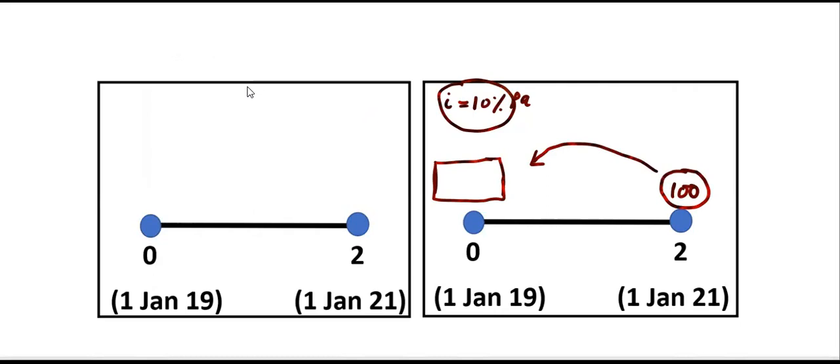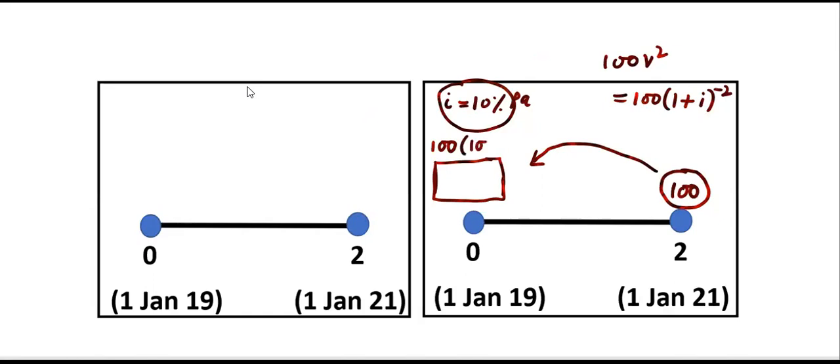We can use this way: 100 v^2. We know the discounted value, that is 100 v^2. v is 1 upon 1+i, that is (1+i)^(-1). So this is ^(-2).